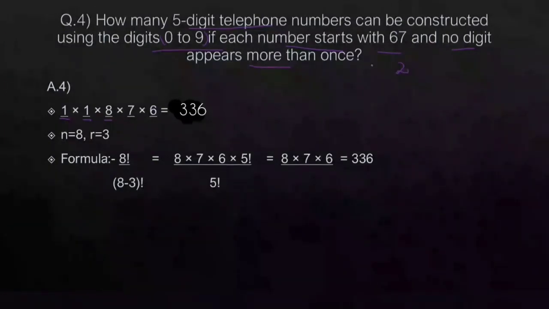So we'll subtract 2 from the total 10 digits, that is from 0 to 9, and so we'll get 8 digits. And then we'll subtract 1 because one digit is used at this place as well. So the fourth place will have just 7 options and the ones place will have 6 options as we subtract 1.